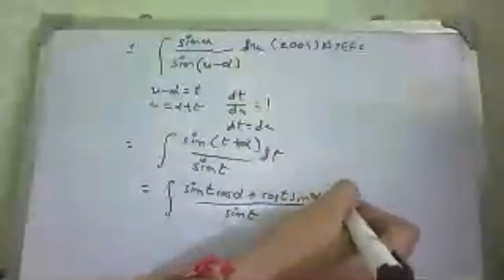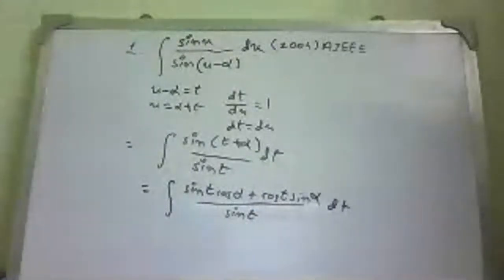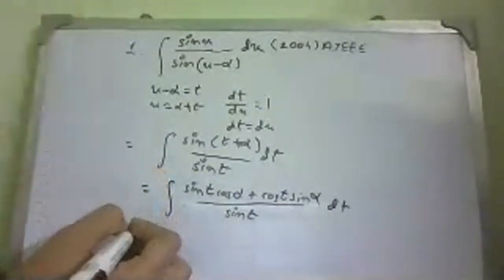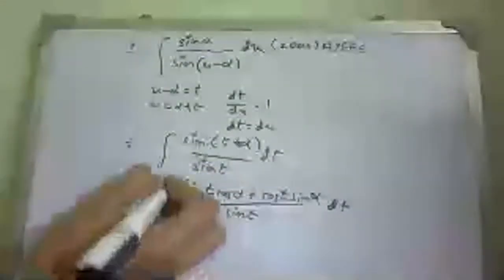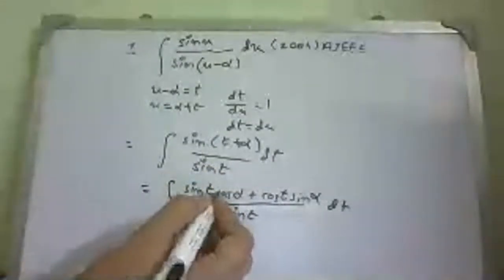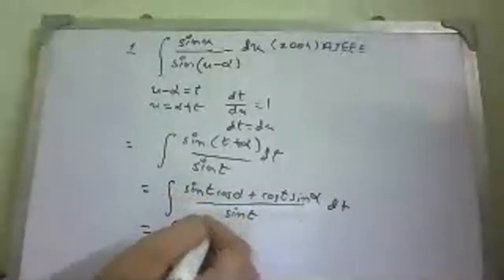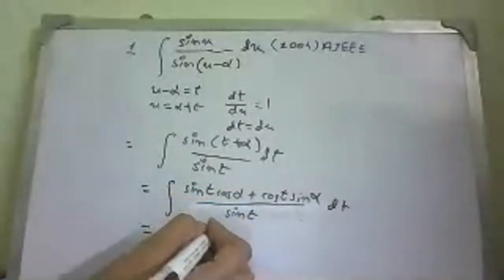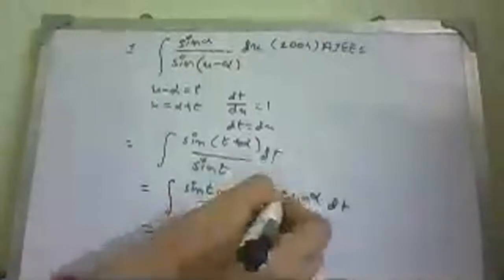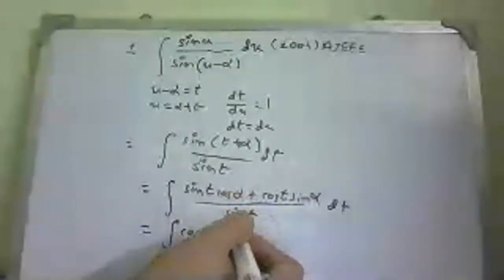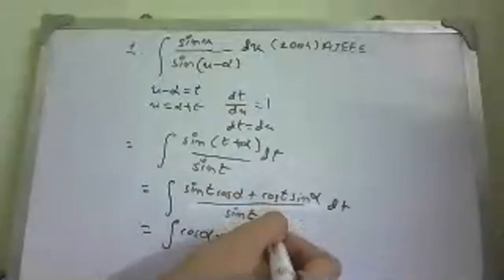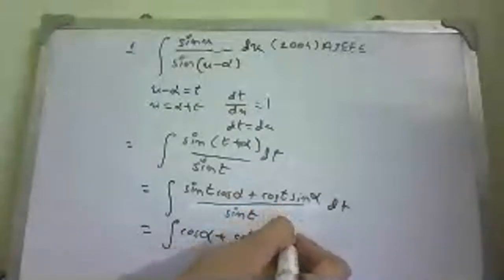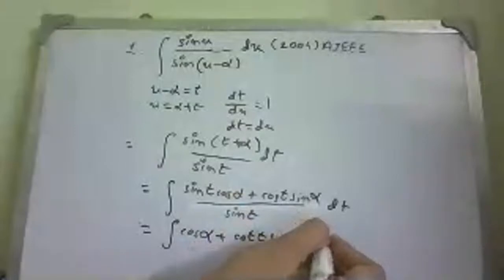We have dt over here. So after this we just need to see what is happening over here. The sine t cos alpha over sine t is basically cos alpha, and cos t sine alpha over sine t is nothing but cot t sine alpha dt.